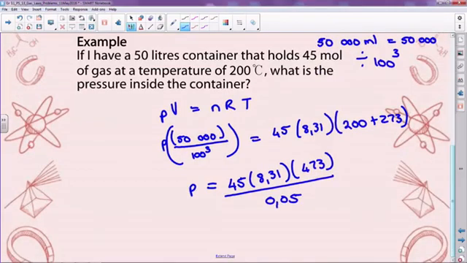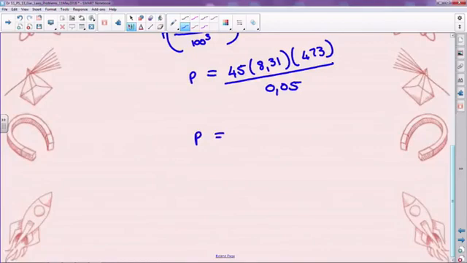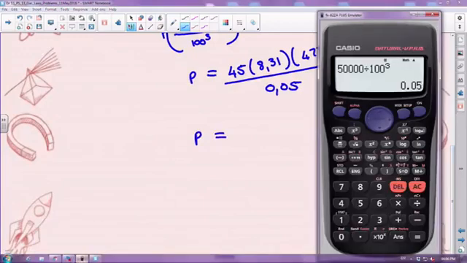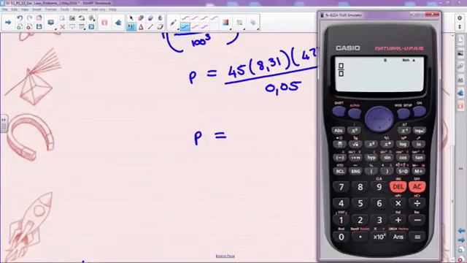I'll extend my page. So my pressure is equal to, so let's find our calculator again. And I'm going to use this function. I'm going to go 45 multiplied by 8.31 multiplied by 473. Okay, and again, remember, if I really want to, and because it looks a little bit neater, put my brackets in.